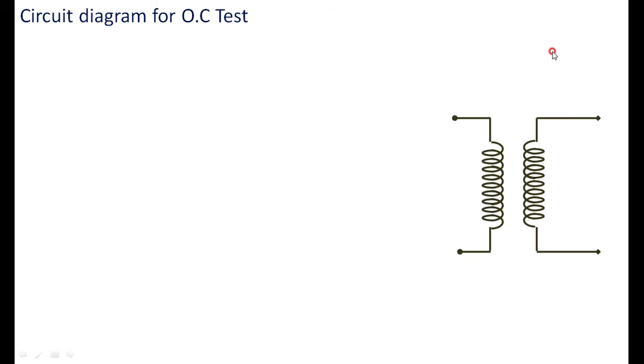For example, if it is 230/600, 230 is the voltage on one side and 600 is the voltage on the other side. Therefore, here 230 is the LV side and 600 volts is the HV side. Then the meters should be connected on the LV side.